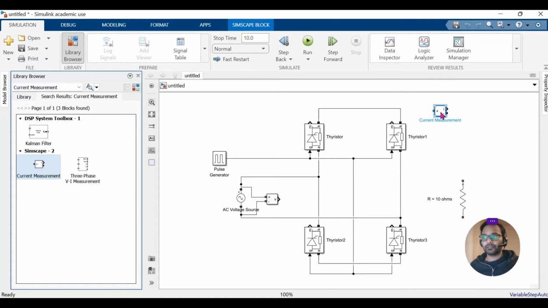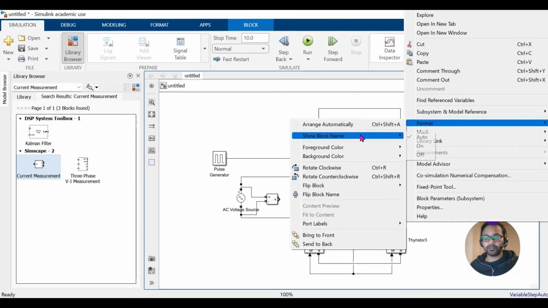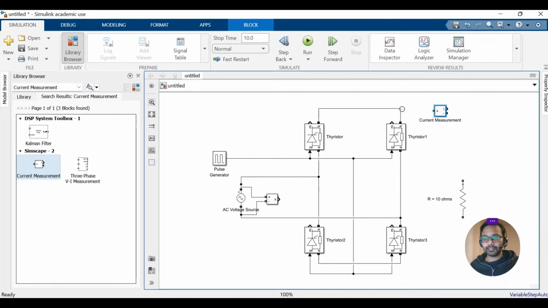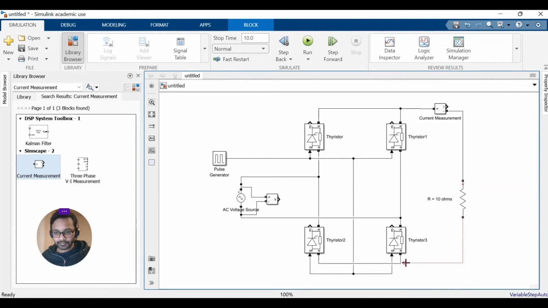This is my current measurement block, and it will be connected between the thyristor pair and the load resistance, and another one will be connected across the anode.